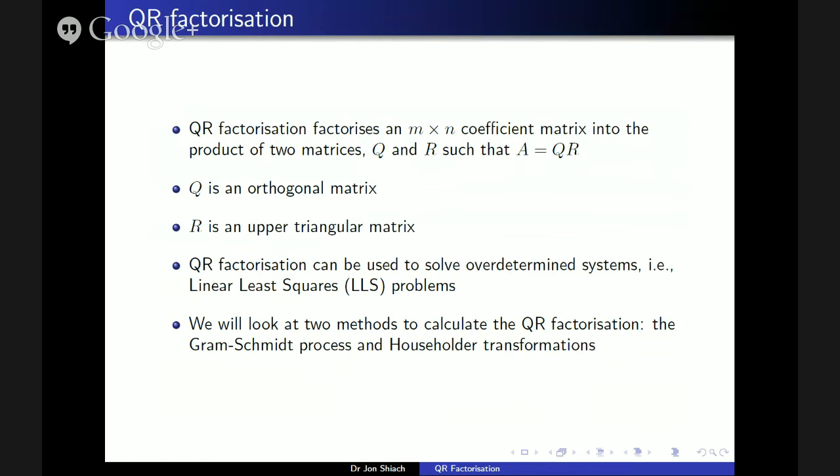We can use QR to solve overdetermined systems where the number of equations is greater than the number of unknowns, for example, our linear least squares problems. There are actually three main methods we can use. We're going to look at two of them, Gram-Schmidt, and later on today we're going to be looking at Householder transformations.